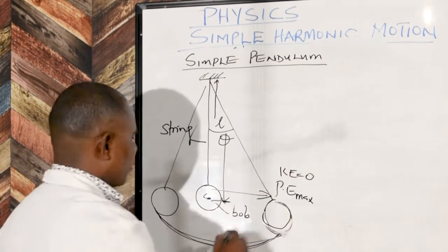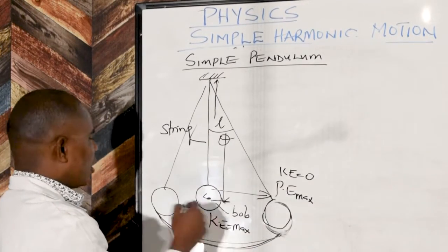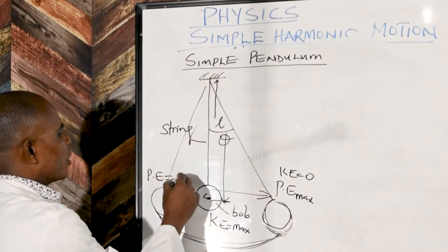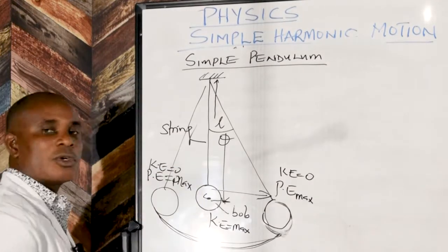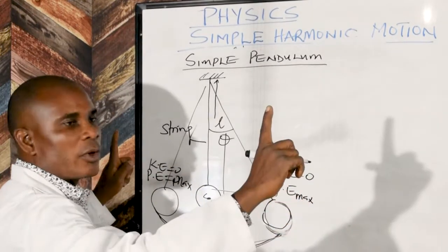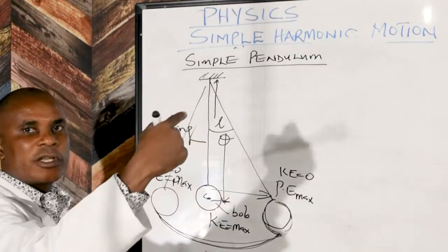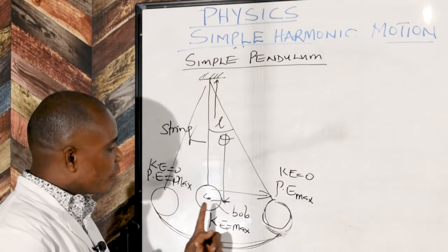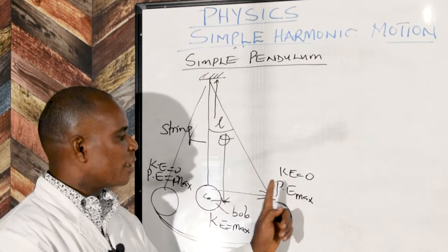In the middle, kinetic energy is maximum. All the kinetic energy is transformed into maximum potential energy at that height.